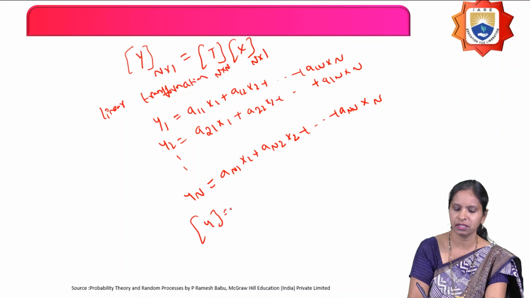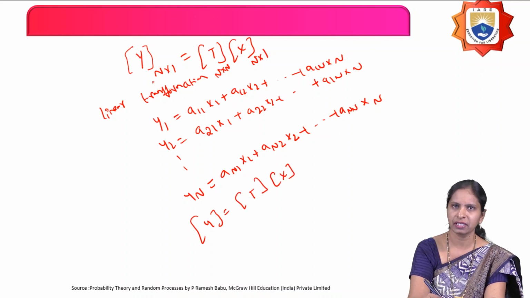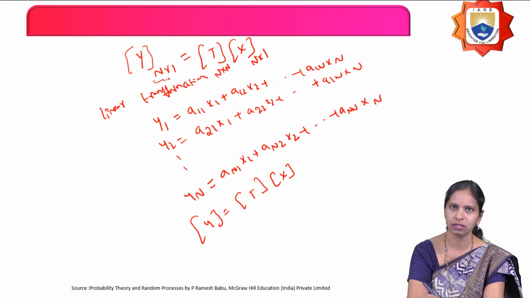Therefore, Y equals T into X. What is the size of the matrices? Here Y is n cross 1, n rows and 1 column. And the size of the transformation matrix consists of n rows and n columns. The size of the X matrix is n cross 1.